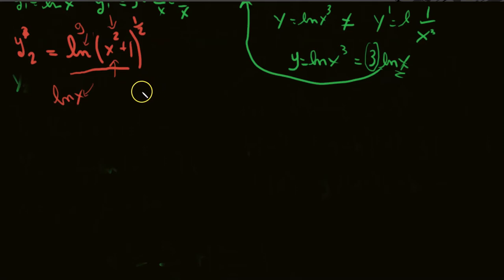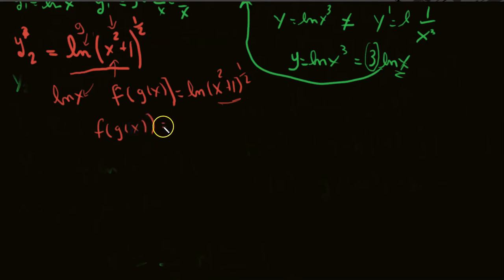So we can rewrite this y2 as f of g of x, where g of x is inside f, equal to ln of x squared plus 1 to the half. You can further simplify this by applying the ln rule, bringing the half to the front. So f of g of x is equal to 1/2 ln of x squared plus 1.